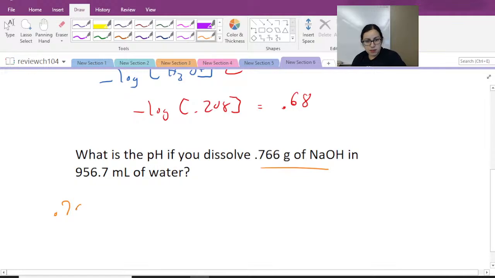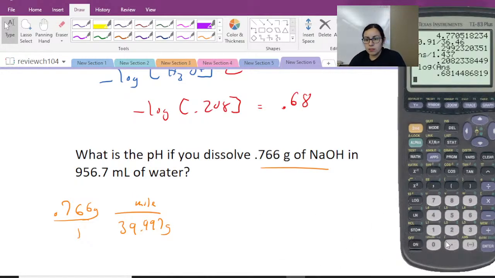So 0.766 grams, and then what's the molecular weight of sodium hydroxide? 39.997. That sounds good. So 0.766 divided by 39.997. And so then did you get this many moles? So about 0.019. Excellent.